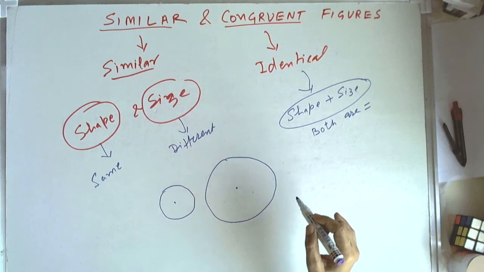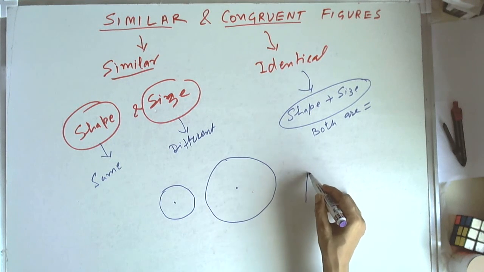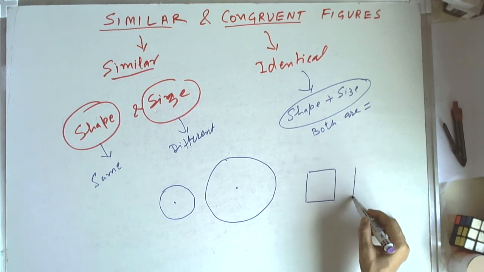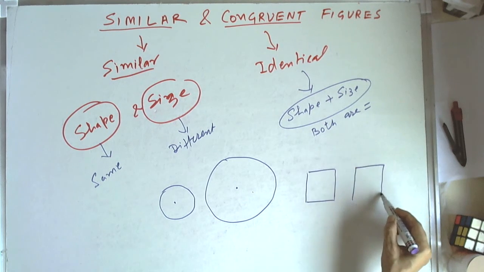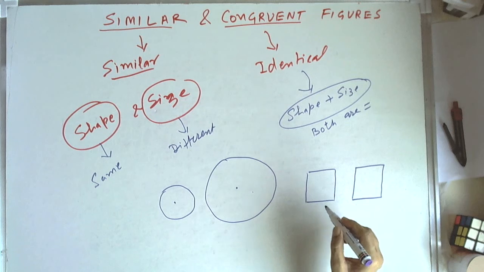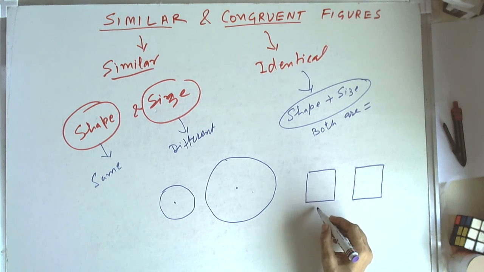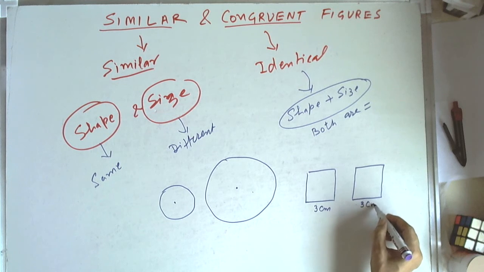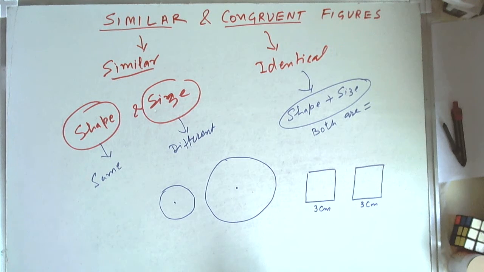So similarly, if we take a square and we take another square where the side is 3 centimeter and this is also 3 centimeter, then what happens?